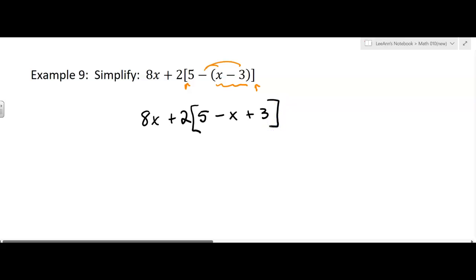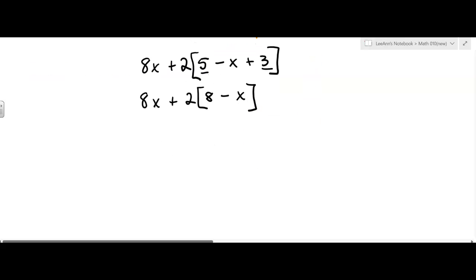Sometimes books will, since you got rid of the parentheses, take the brackets and make those parentheses and get rid of the brackets. I don't like to do that, but I leave that up to you. Now I can simplify inside the brackets, or I can wait, but I'm going to go ahead and simplify. So I have like terms of 5 and 3, so I'm going to have 8 minus x. Okay, now what can I do? Well, I want to get rid of those brackets.